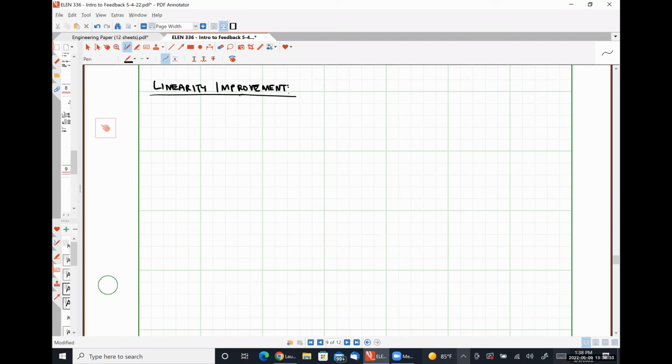Let's say that I have an amplifier whose transfer function looks something like this. Here's my output voltage, V out. Here's my input voltage, V in. And let's do this in red.